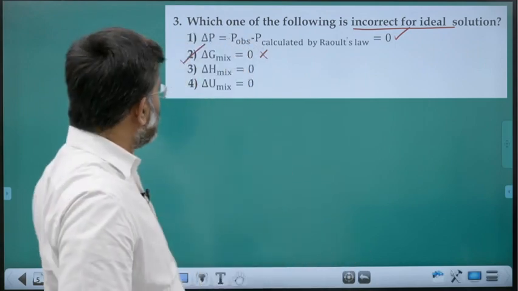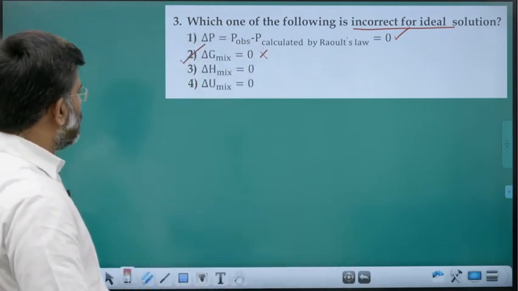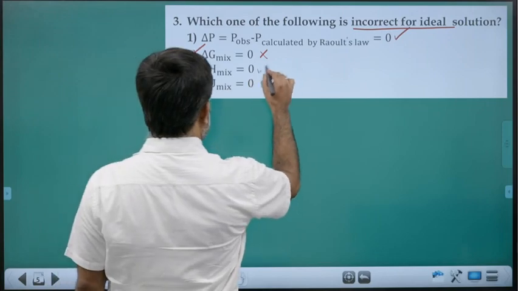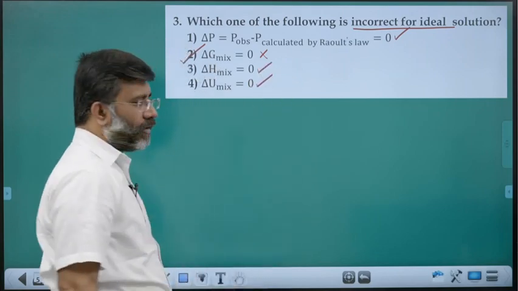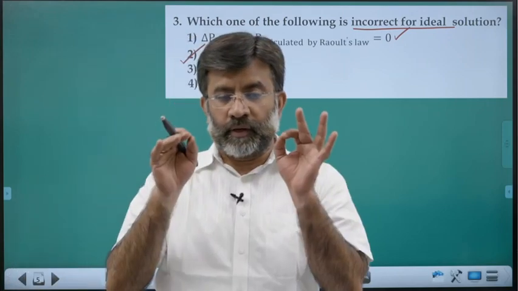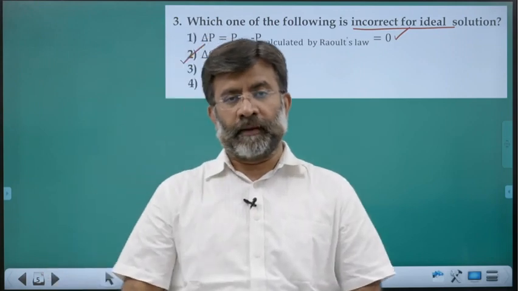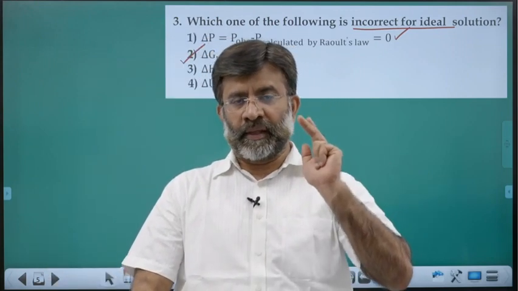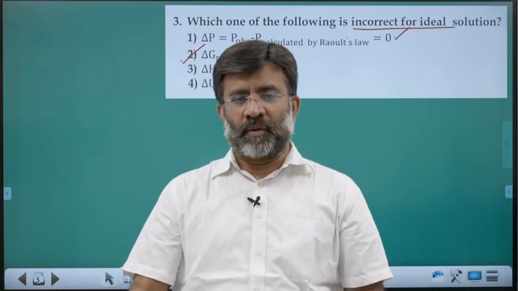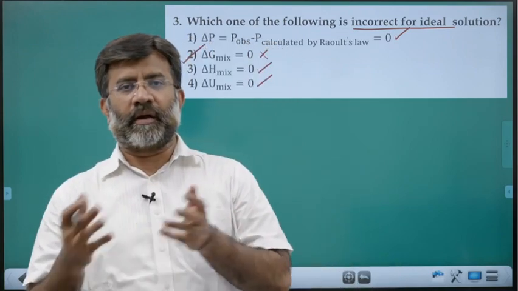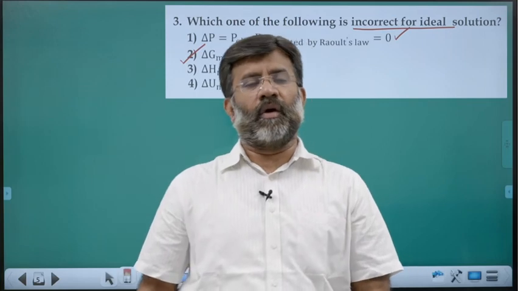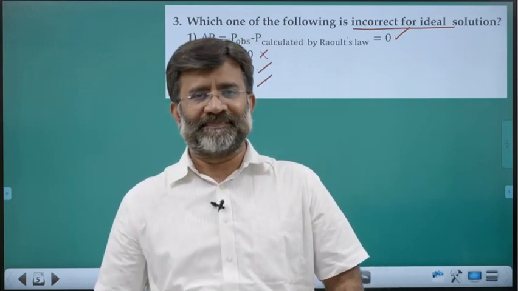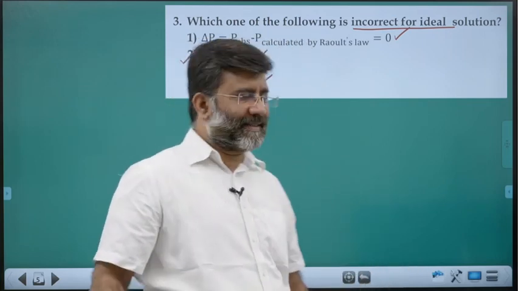So delta G equal to 0 is the wrong statement, while enthalpy, internal energy, all will be 0. So for an ideal solution, number 1 obeys Raoult's law, delta H mixing 0, delta V mixing 0, molecular interactions before and after mixing remain almost the same. Okay, next.